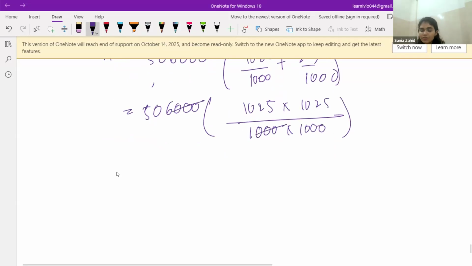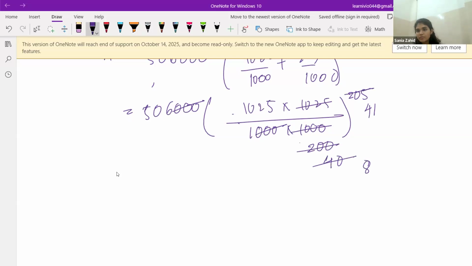Now cancel with 5: 5 into 2, 5 into 5; 5 into 4, 5 into 1; 5 into 4, 5 into 0; again with a 5, 5 into 8. Mom, when I did this, I couldn't further multiply or divide. Let's check what we are getting. Now you get 506 into 205 into 41 by 8.